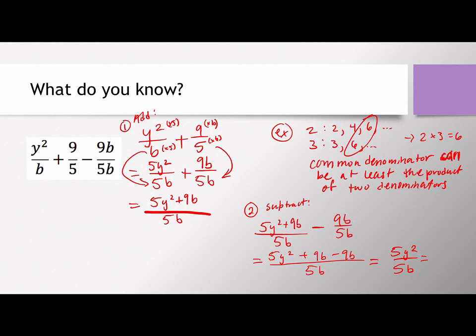So we're going to separate off our 5 over 5, make that 1, and then that will become just y squared over b because of the identity property. And so our answer is y squared over b.